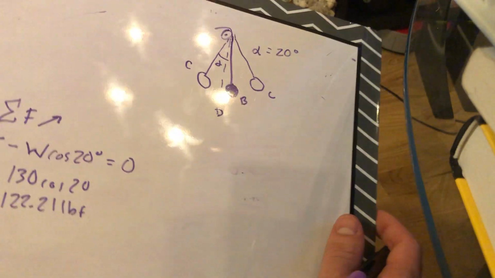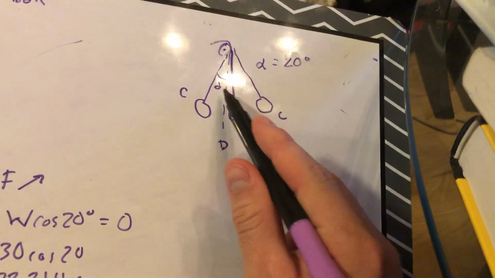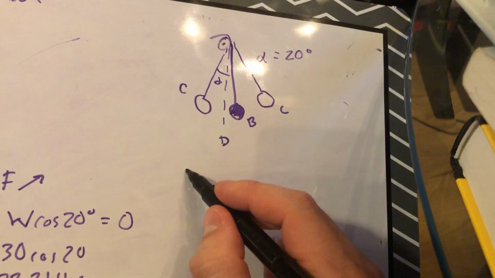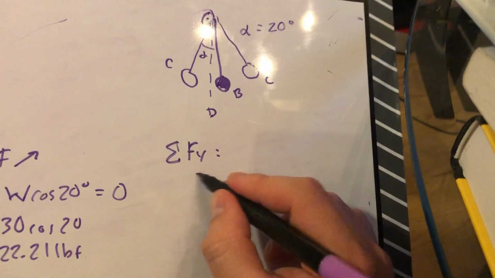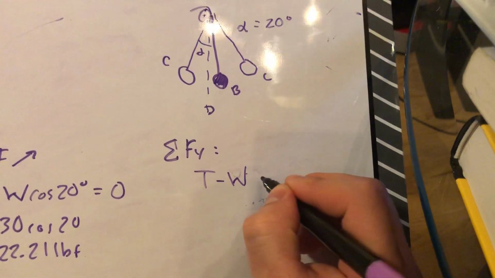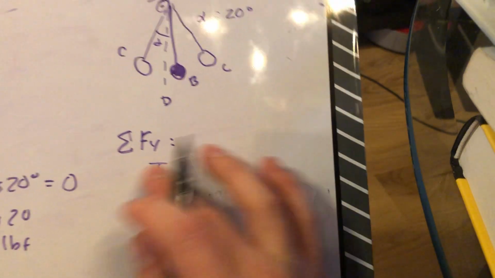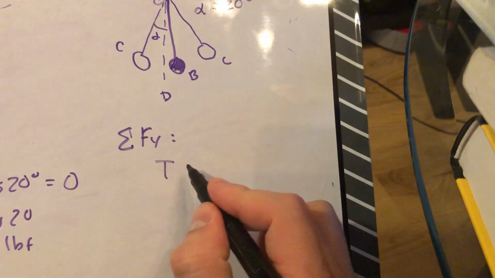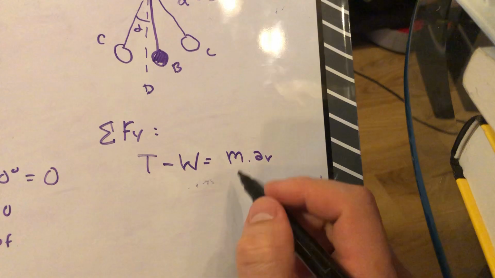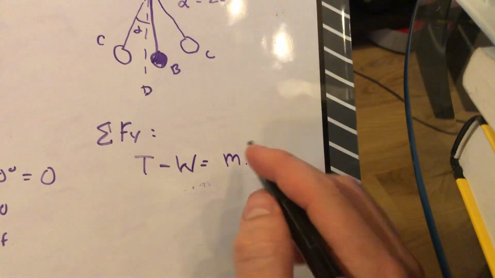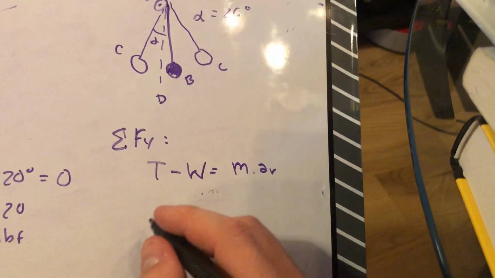Neat. At the point D, this point is a straight vertical point. We can do an easy sum of the forces in the y direction. We're going to have tension, and we're going to have weight. That is going to equal mass times acceleration in this radial direction from the point.